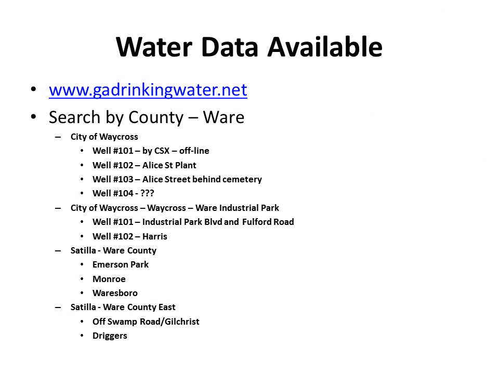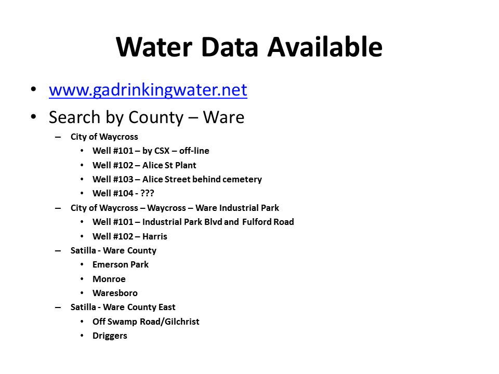So what records are available? If you go to georgiadrinkingwater.net, you can search by county. So you're going to go to Ware County, and then once you're into Ware County, there are all the different water systems.